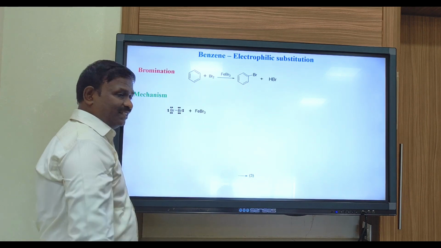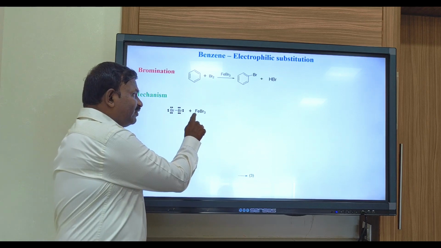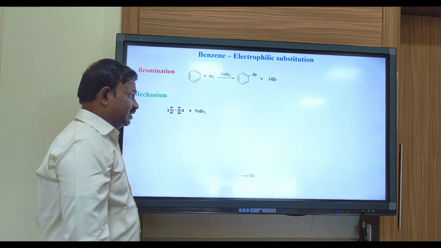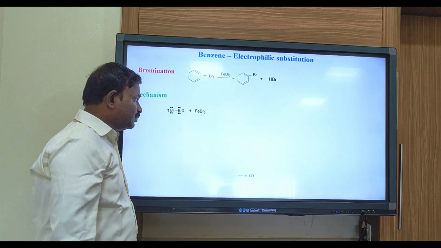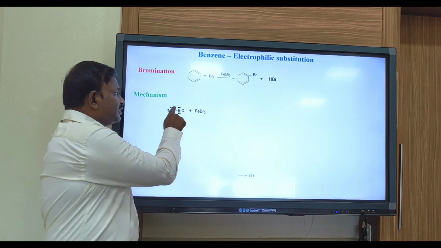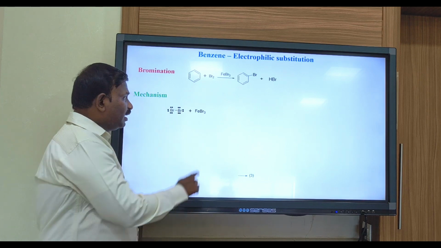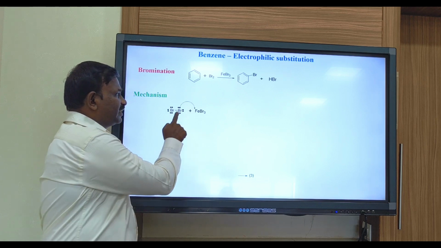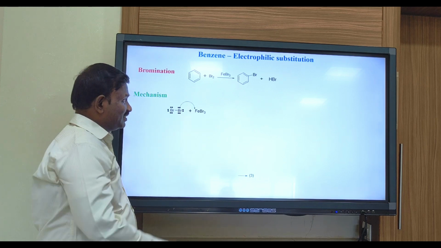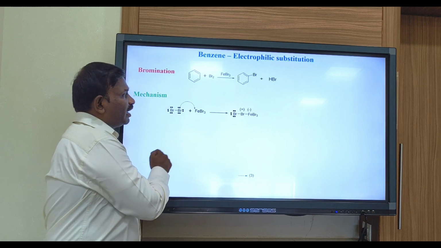with FeBr3. This Fe is a positive center because it is flanked by all electronegative bromine atoms. This bromine is electron rich and the iron is electron deficient. As unlike poles attract each other, the reaction occurs to give rise to a complex.